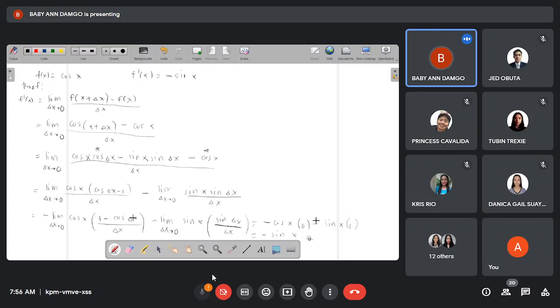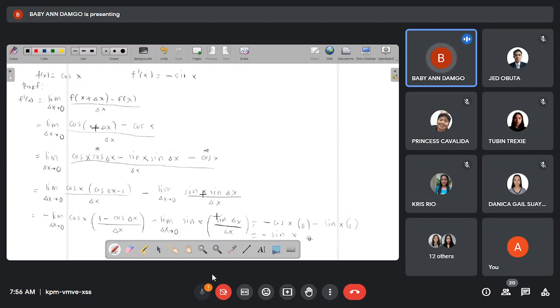So, mauni ang of the form 1 minus cosine x over x as x approaches 0. Minus, so ang sin x here is not affected also kay this is constant with respect to the change of x, times kani this will go to 1. So, ang limit ani is 1 as the change of x approaches 0.